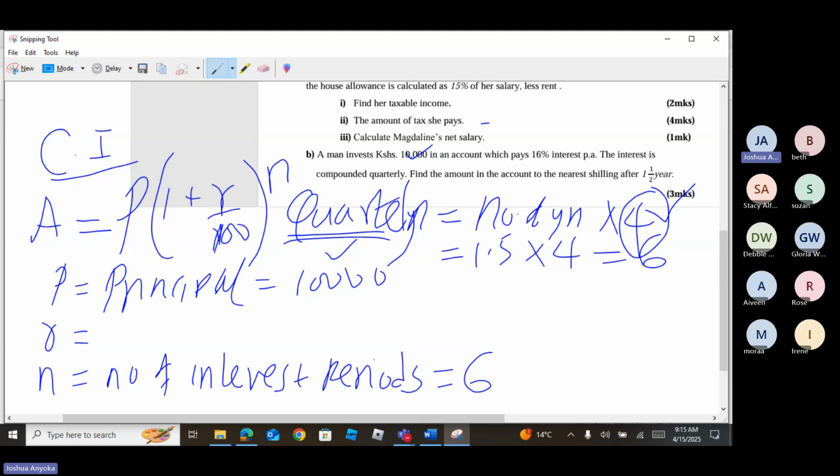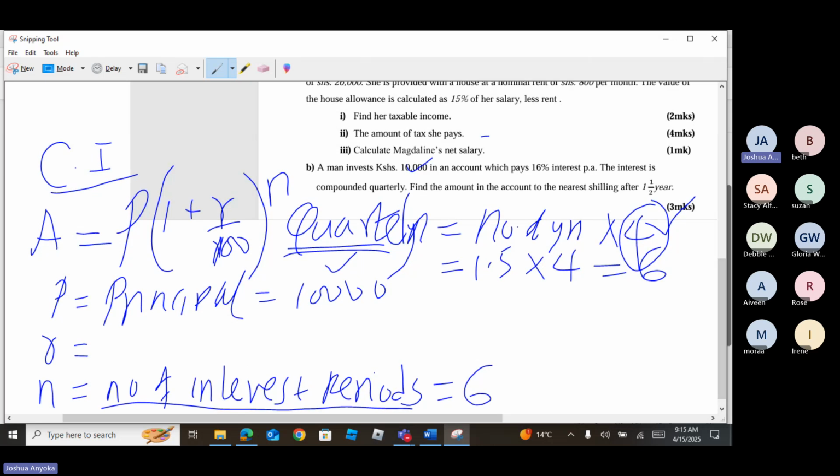You get back to the question. Compounded quarterly means 1 year has 4 quarters. So N would be the number of interest periods, the number of years times the number of interest periods in 1 year, which are 4. So the value of N is 6.